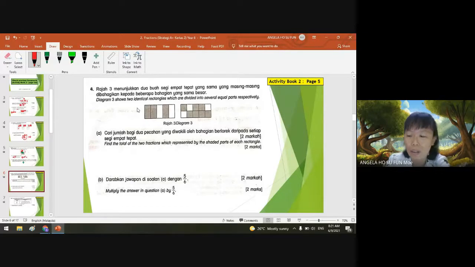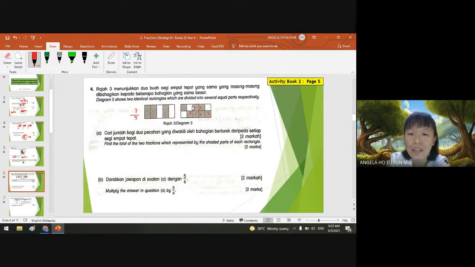So if I were you, I would straight away write down the correct fractions for the 2 identical rectangles here. So first of all, this will be 3 over 5. How about the other side? The other side, there's 1, 2, 3, 4, 5, 6, 7.